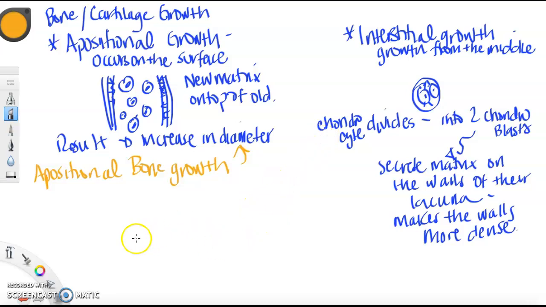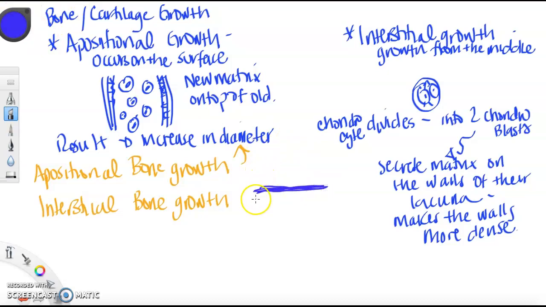Interstitial growth in bone is different. Interstitial bone growth is more like endochondral ossification. It starts at the plate.